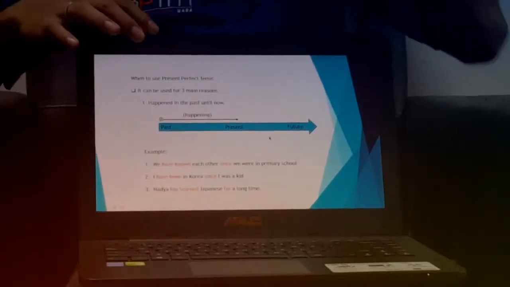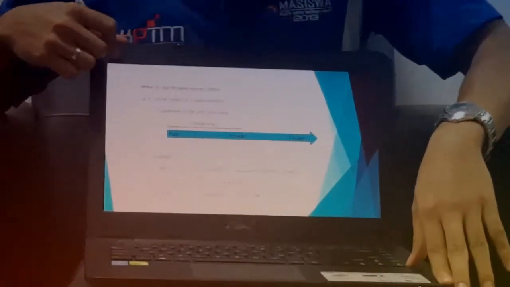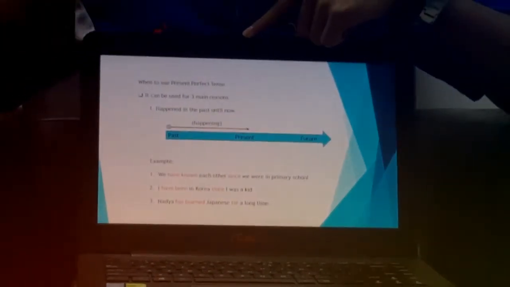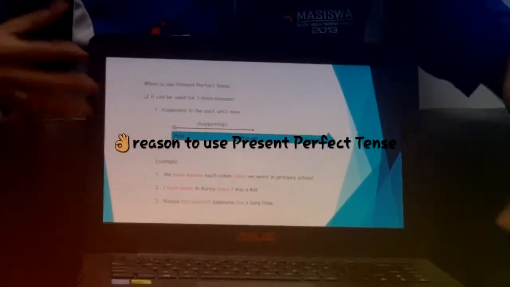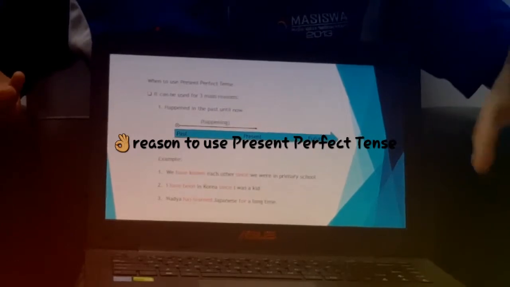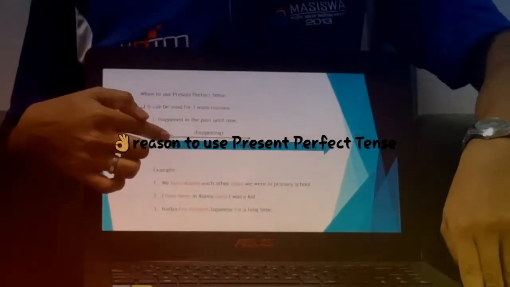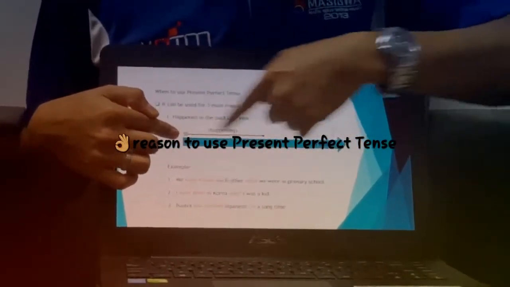When do we use present perfect tense? There are actually three main reasons for using it, and I will cover number one. As I mentioned before, we use it when we want to talk about something that happened in the past and is still happening until now. Here is the past, here is now, the present, so it happens along this way.